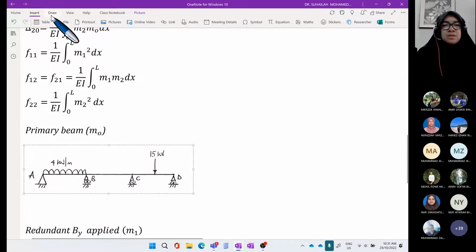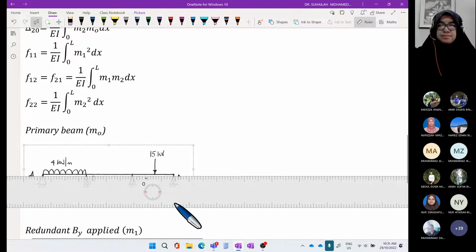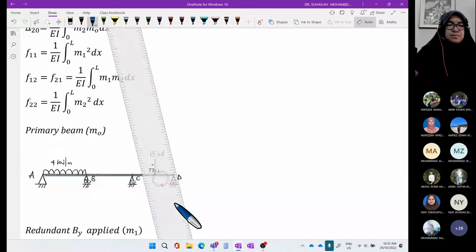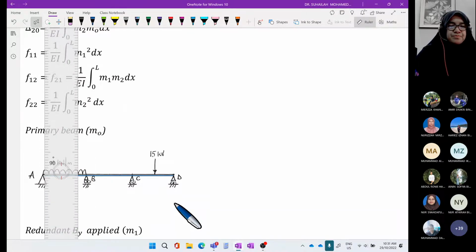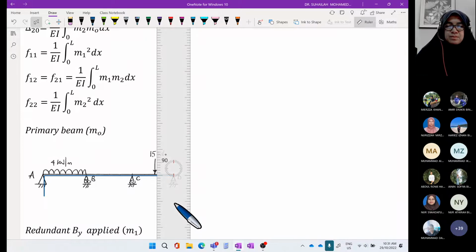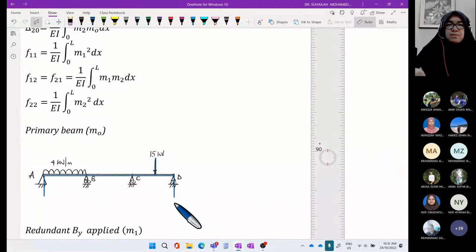Simply supported beam with points A, B, C, D and a UDL.